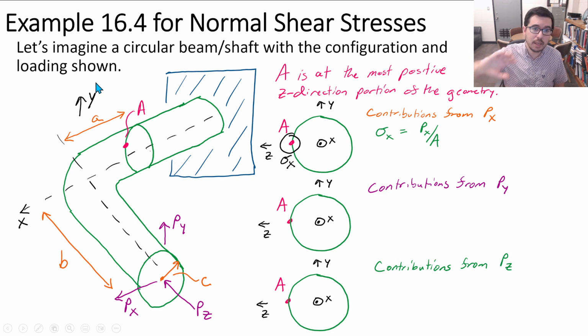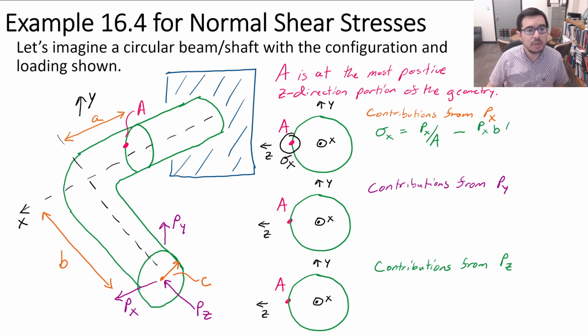Can you see that? There's a bending moment in the minus y direction. And what's that going to do to the normal stress at A? If the bending stress, is it going to put it in compression or tension? Well, it's going to put it in compression.